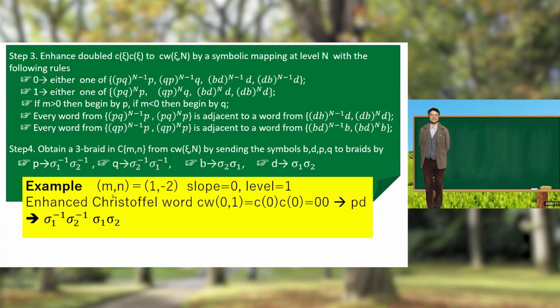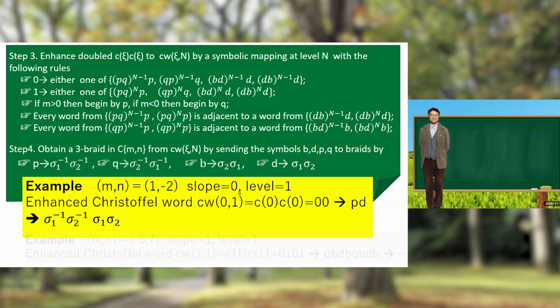For example, the simplest one is m and n equal to 1 and minus 2, then the slope is 0 and the level is 1. Then the enhanced Christoffel word is just 0, 0. And then 0 goes to P, and the next 0 goes to D, this one. Then the P and D are replaced by these braids.